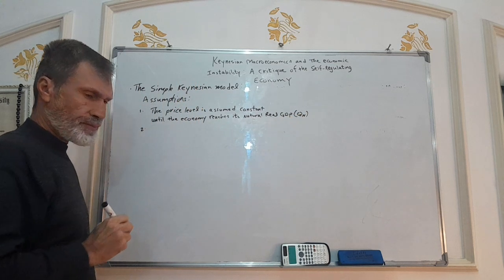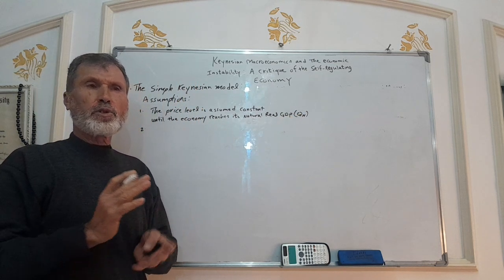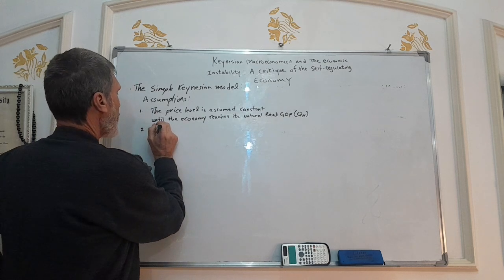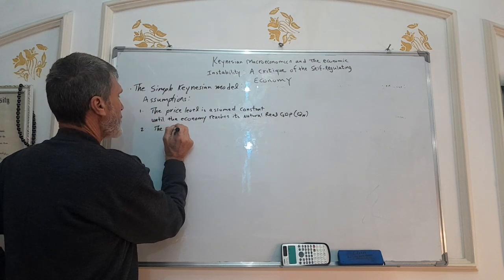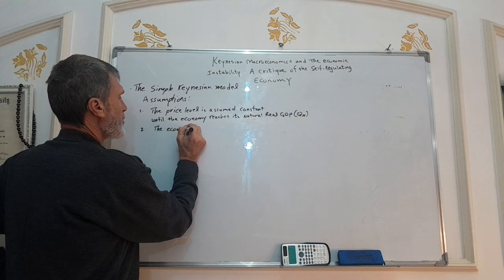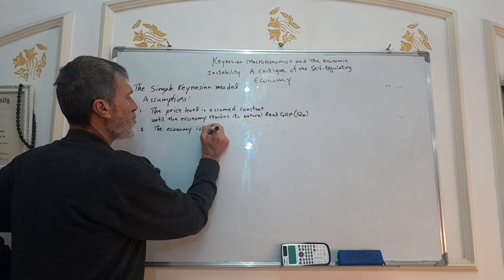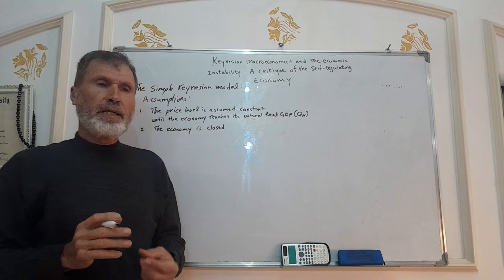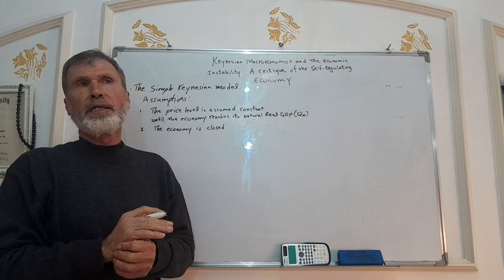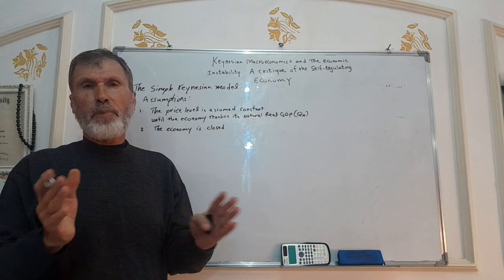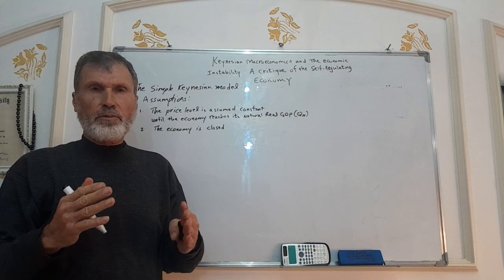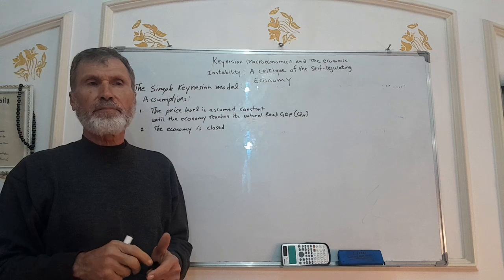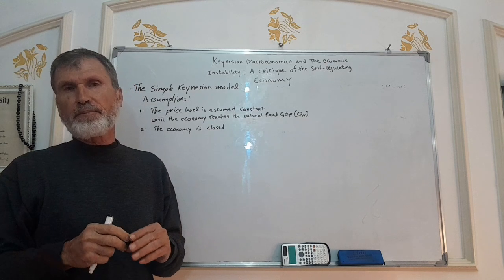Second, Keynes assumed that the economy is closed, which means that the country has no trading partners. In other words, exports and imports are excluded from total spending.